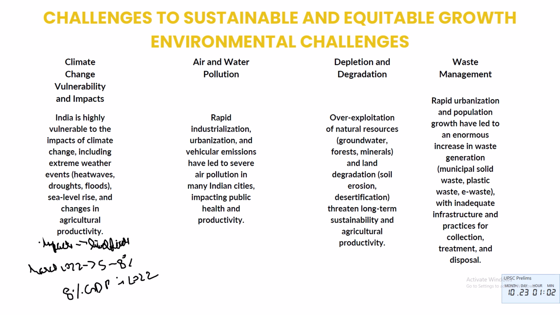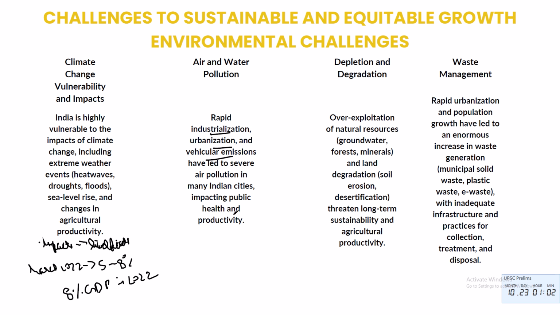Next one is air and water pollution. Rapid industrialization, urbanization, and vehicle emissions lead to air pollution in many of India's cities, impacting public health and productivity. Like Delhi frequently records some of the worst air quality levels globally.